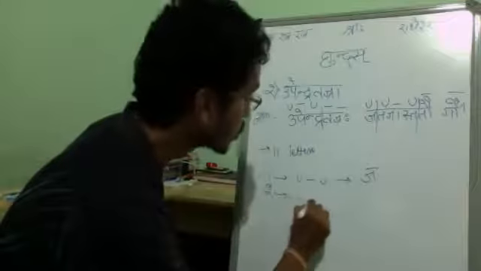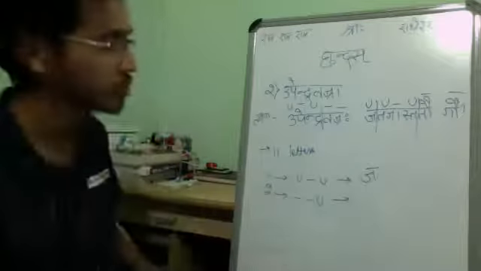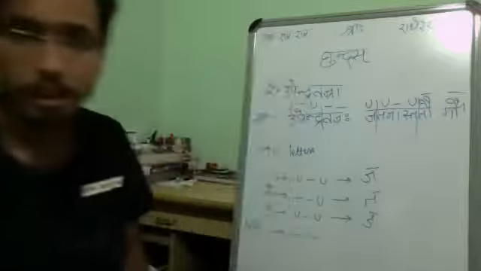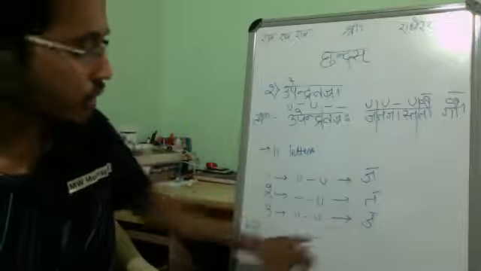Second one, it is Guru, Laghu, Guru. Tagana, very good. Third one, it is Laghu, Guru, Laghu. Jagana, very good. And you have the last 2 as 2 Gurus. Okay, so it is Ja, Ta, Ja with 2 Guru.